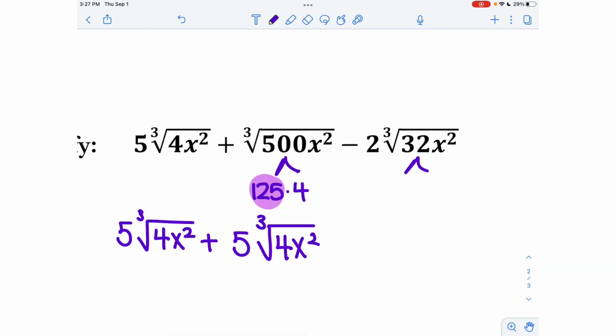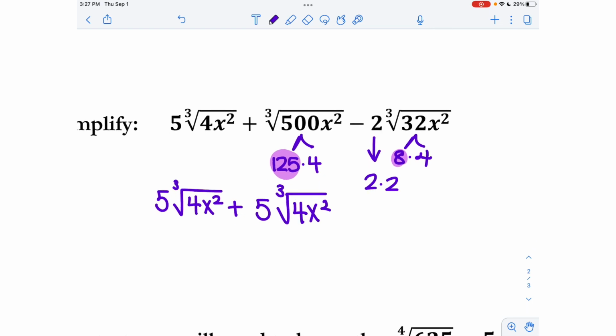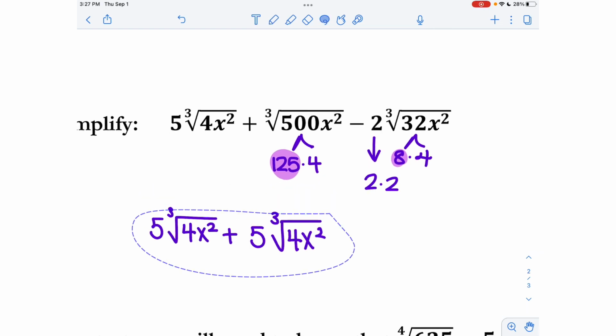And then 32 is 8 times 4. And the cube root of 8 is 2. Drop down the other 2. And 2 times 2 is 4. So minus 4 times the cube root of 4x squared.